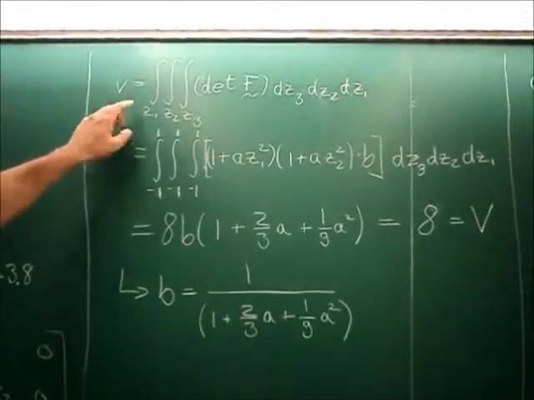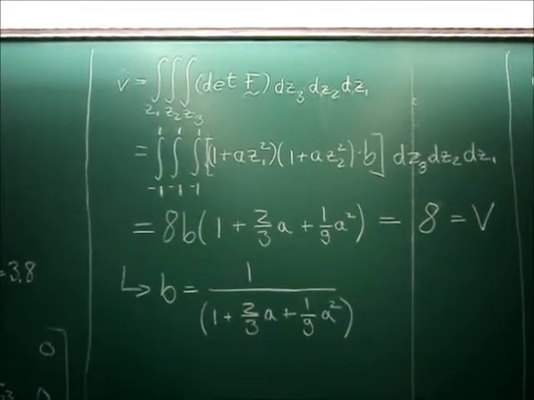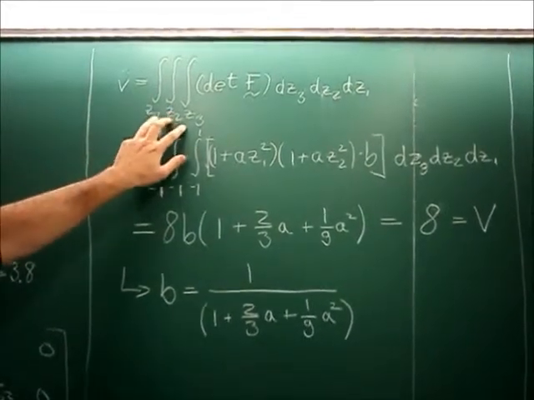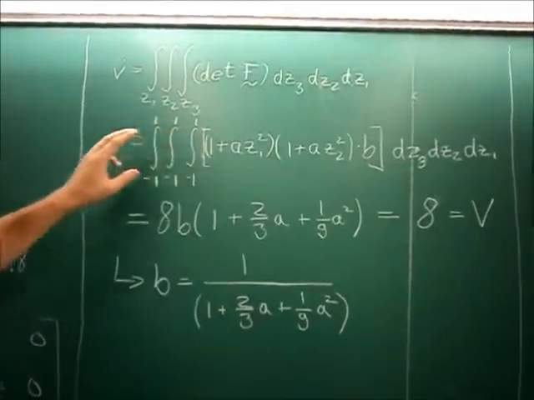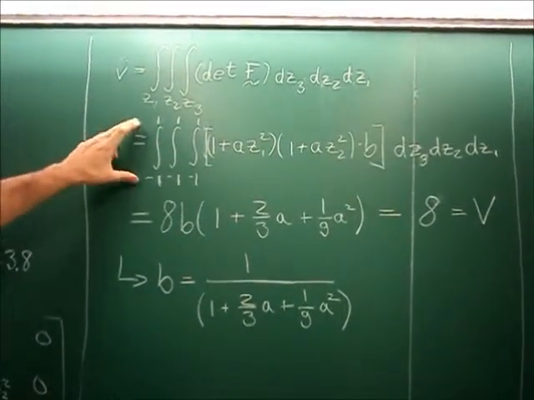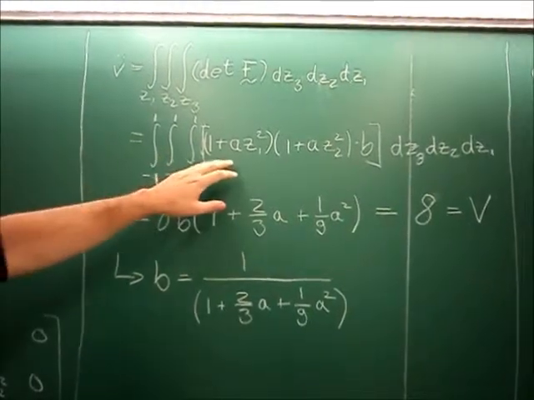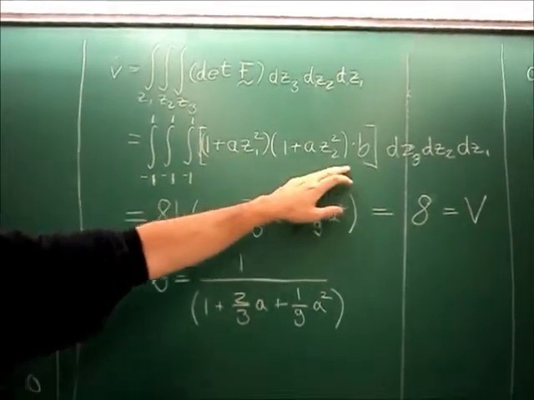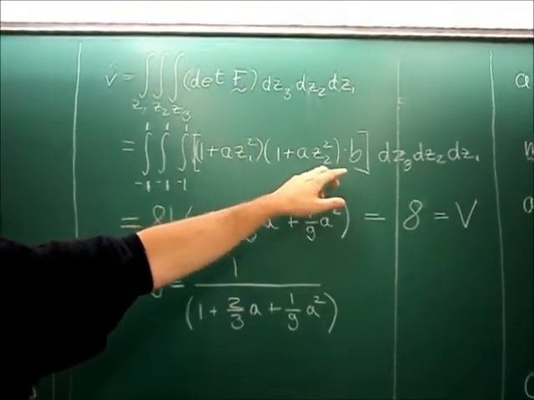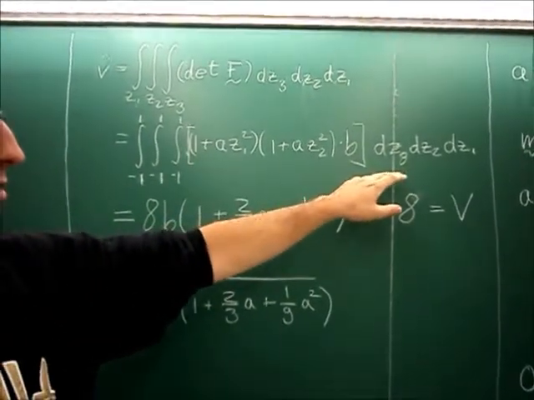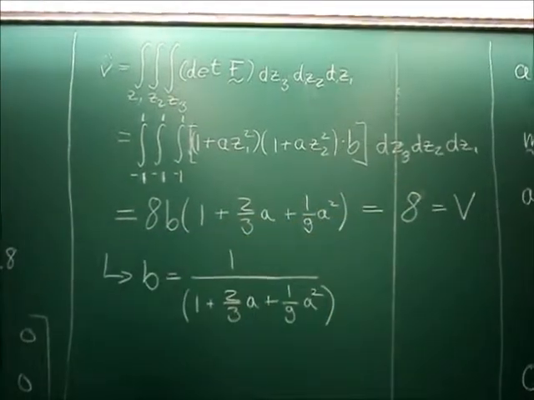For the new volume, we need to integrate that equation from earlier over all three directions times the determinant of F. Each of these dimensions ranges from -1 to 1. Here's our determinant of F, which is 1 plus a z1 squared times 1 plus a z2 squared times b, multiplied by dz3, dz2, and dz1.